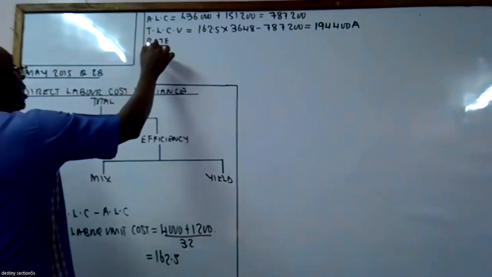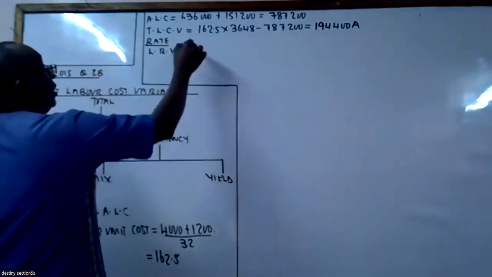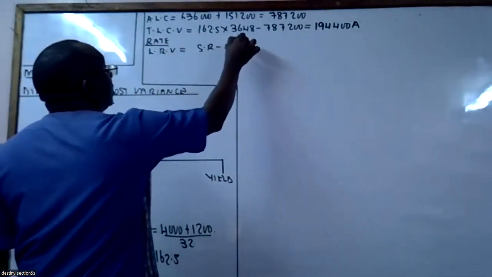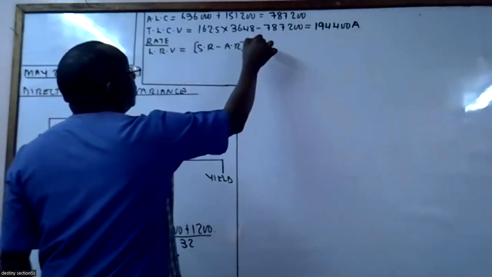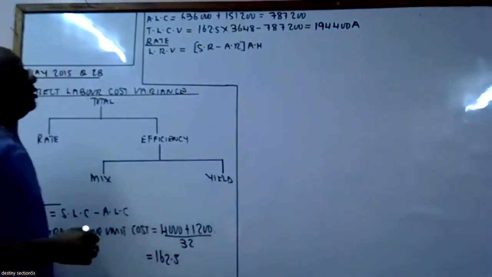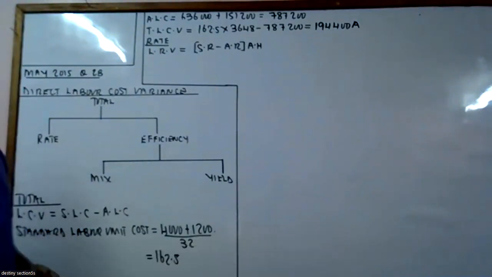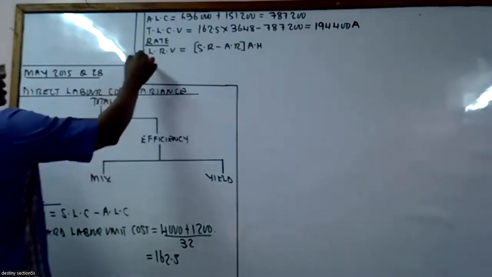Labor rate variance is given as the standard rate minus actual rate, multiplied by actual hours. There are two departments here.